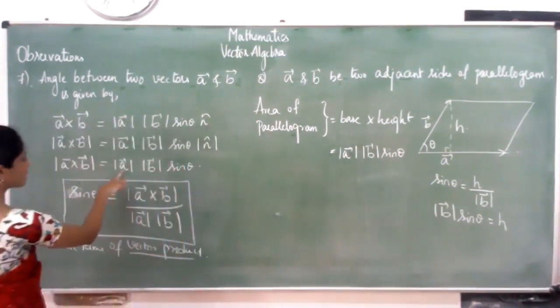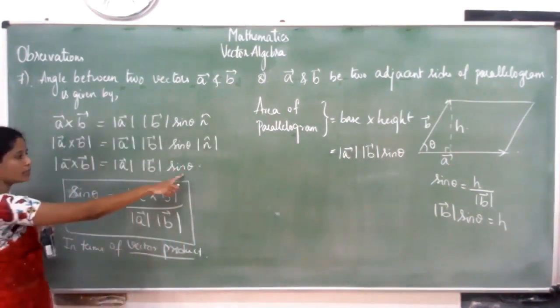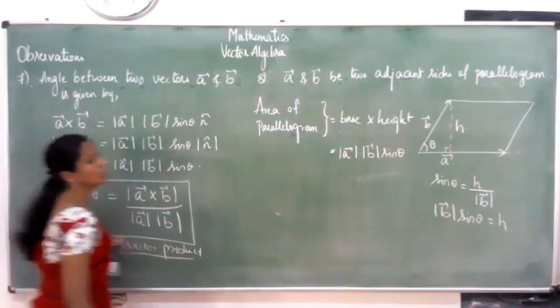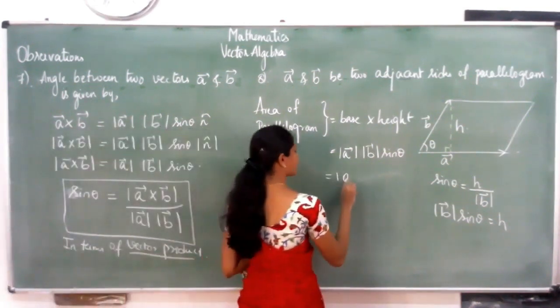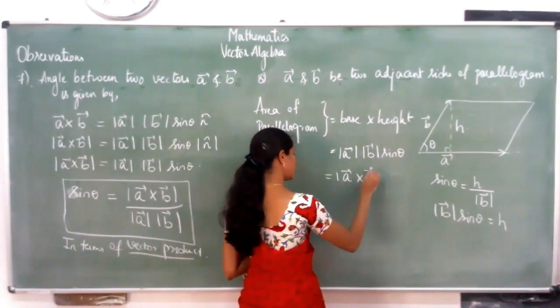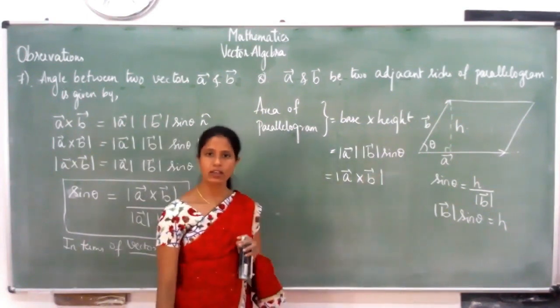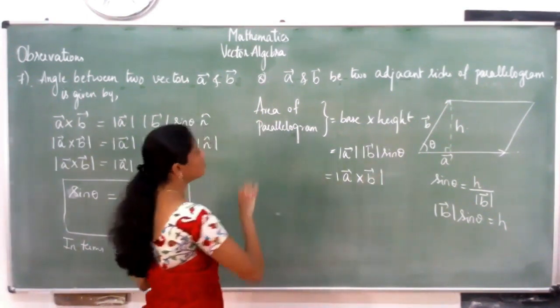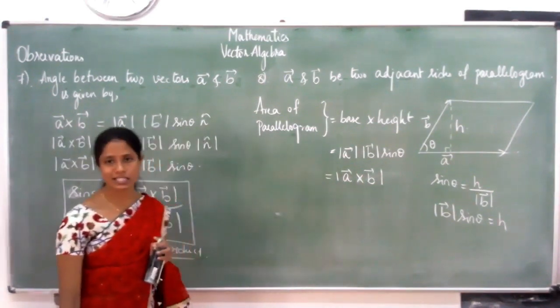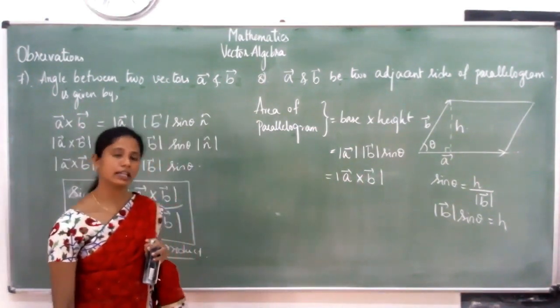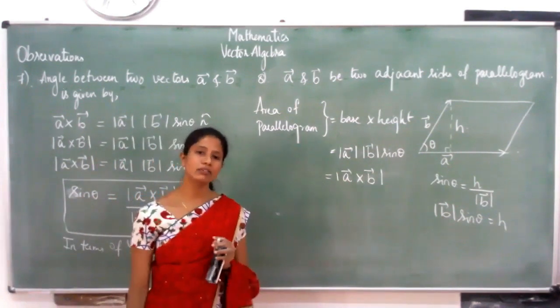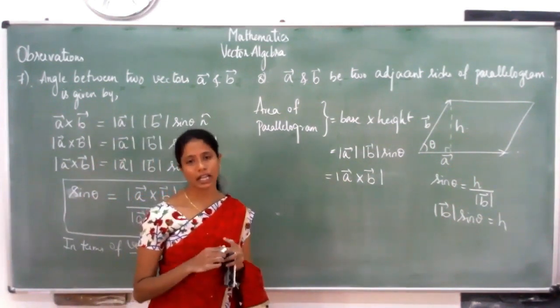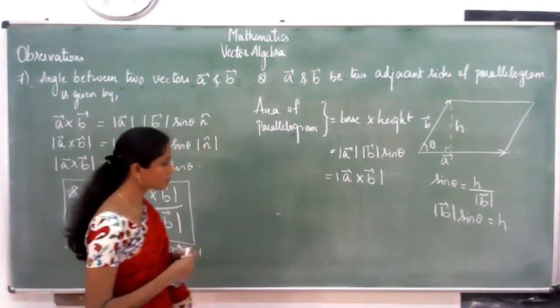See here, magnitude of A, magnitude of v into sine theta is given by magnitude of vector A cross B. Remember, when A and B are two adjacent sides of the parallelogram, the area of the parallelogram is given by magnitude of vector A cross vector B.